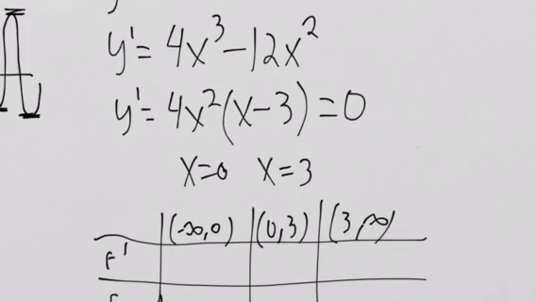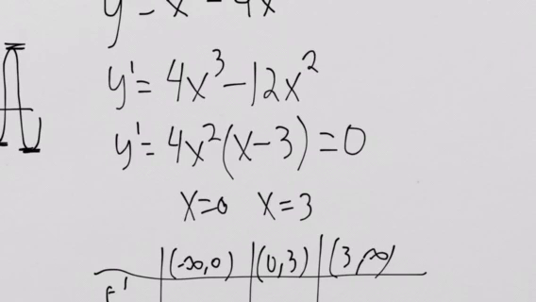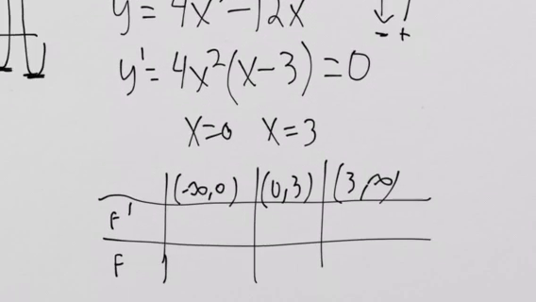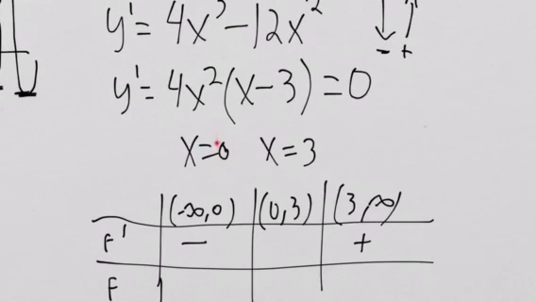So there's a couple ways to do this. One way is we can just look at f prime and see that it's a polynomial that has an odd degree and an even coefficient, which means its end behavior is going to be down up, which means it has to start negative and end positive. So f prime has to start negative and end positive. And then we can say, well, what's happening at x equals 0?